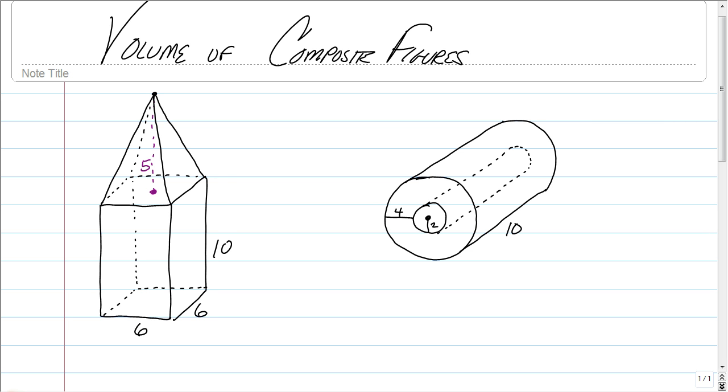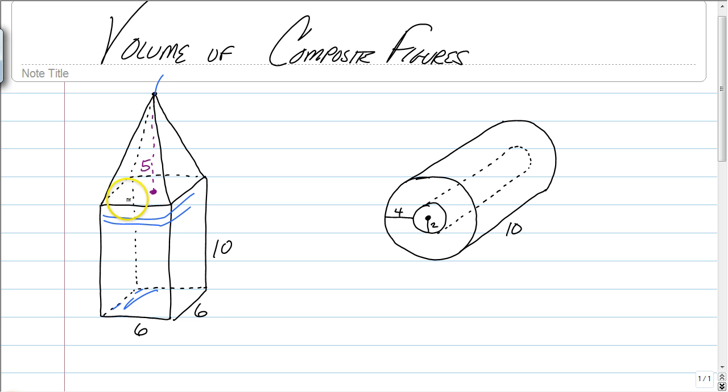To be honest with you, all you have to do is find the volume of each figure and add it together. Because what you have to remember is volume is actually filling up the entire space. It's not just painting the exterior. So this is like we cut a hole in the top and we're going to fill this thing up with water. It's just going to first start and fill up the prism.